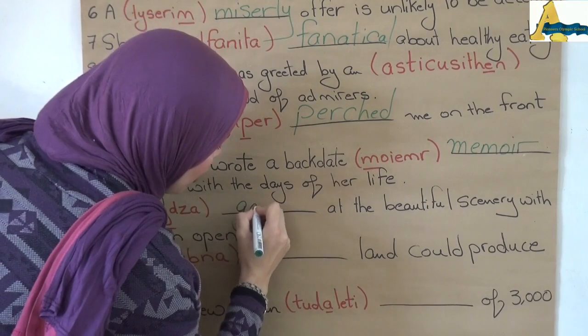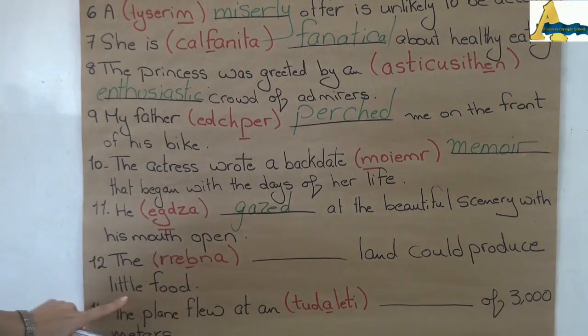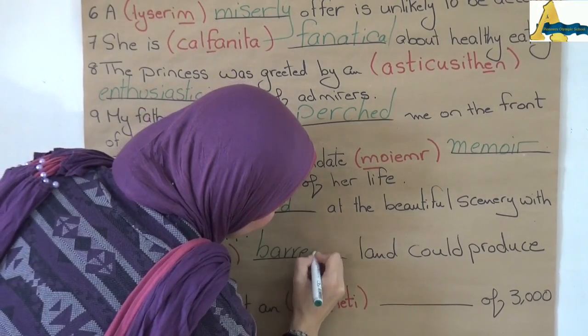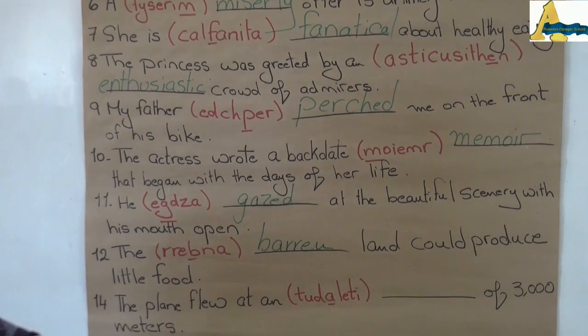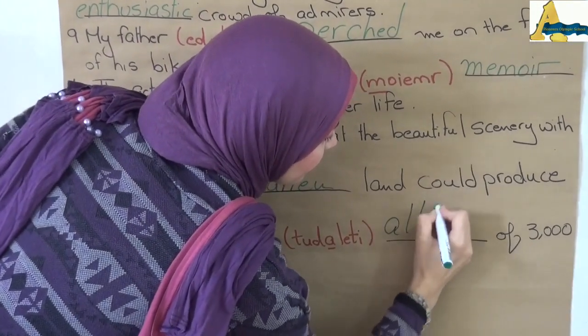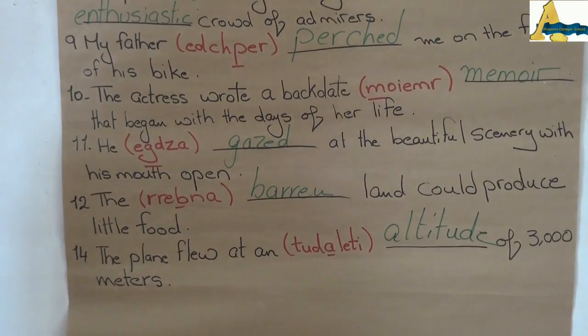The barren land could produce little food. The plane flew at an altitude of 3,000 meters. That's the end of the spelling.